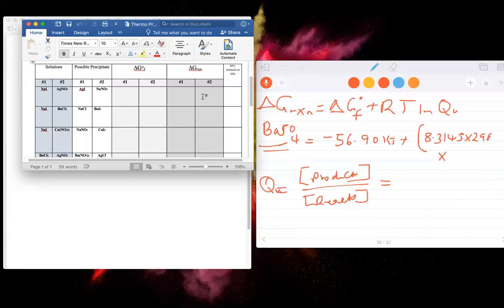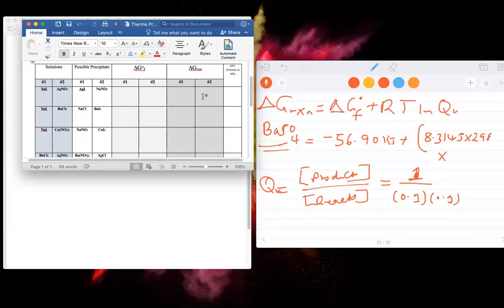So here, it will be 1 because it is forming a solid. Remember, concentration of solids are unity, so it's going to be 0.1 times 0.1. Reciprocal of that is 100.